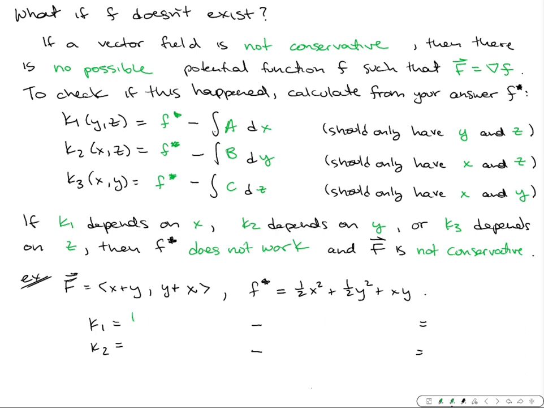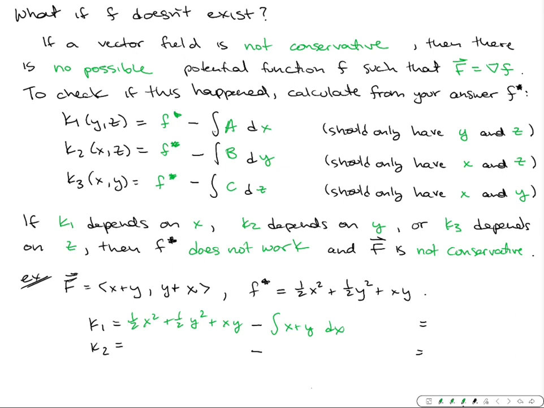So we got 1/2 x squared plus 1/2 y squared plus xy. Then we take away the integral of the first component, x plus y, with respect to x.